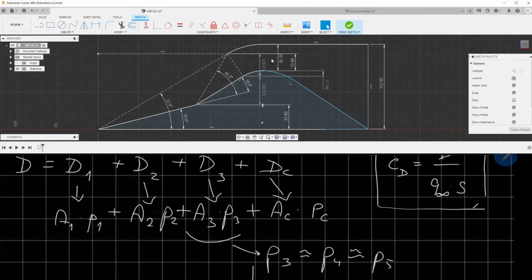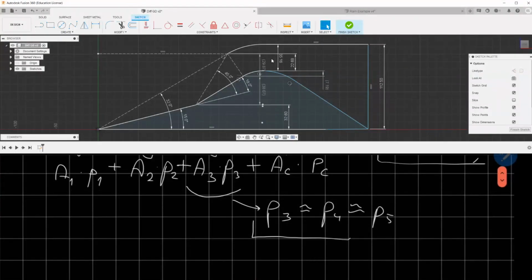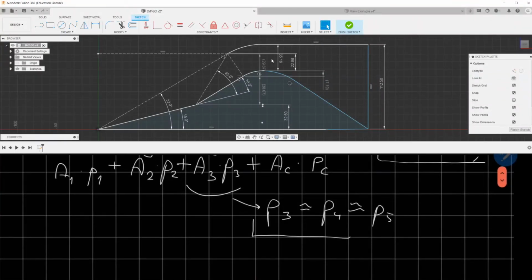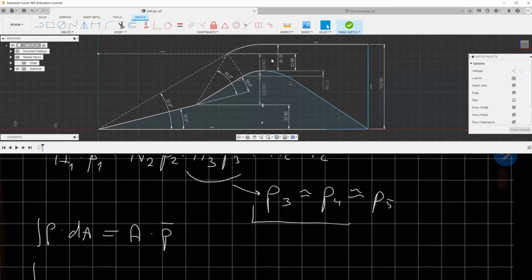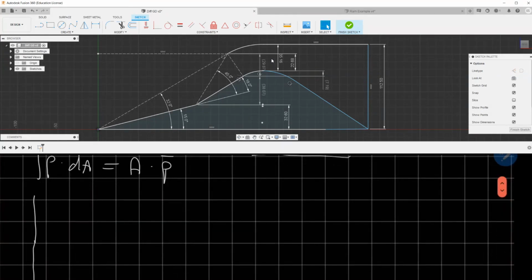I will draw you something similar, that the integral of some parameter along the area, which we use a lot inside calculation, can be substituted by the value of this area multiplied by the average of this parameter. Okay, and the average parameter can be always found mathematically.